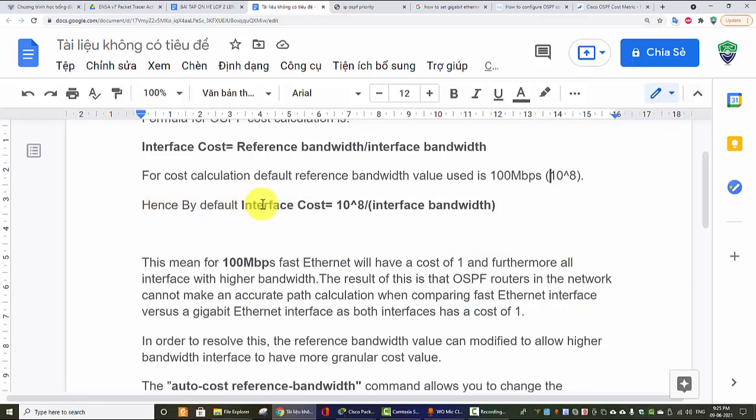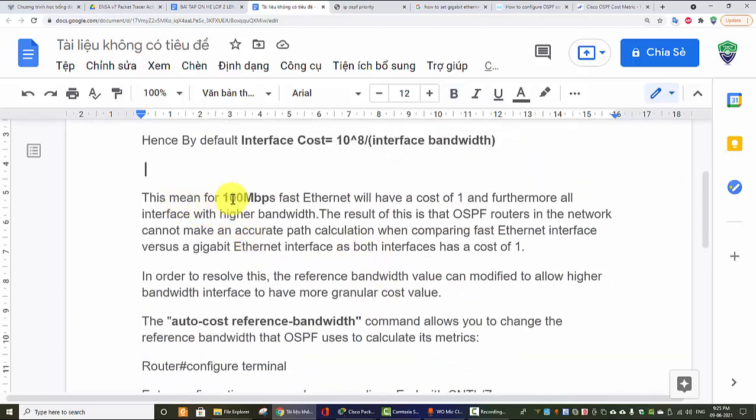Then the default interface cost is 10 to the power 8 divided by the interface bandwidth. This means 100 megabit fast Ethernet will have a cost of 1, and furthermore all interfaces with higher bandwidth, for example gigabit Ethernet or 10 gigabit Ethernet, will all have a cost of 1.